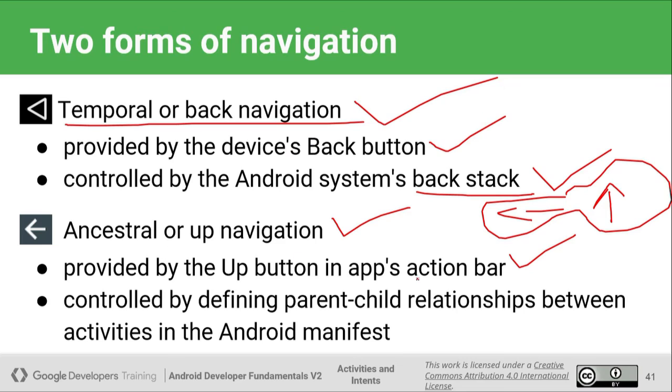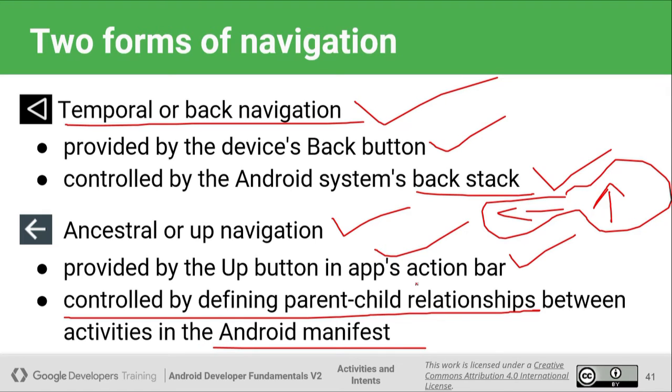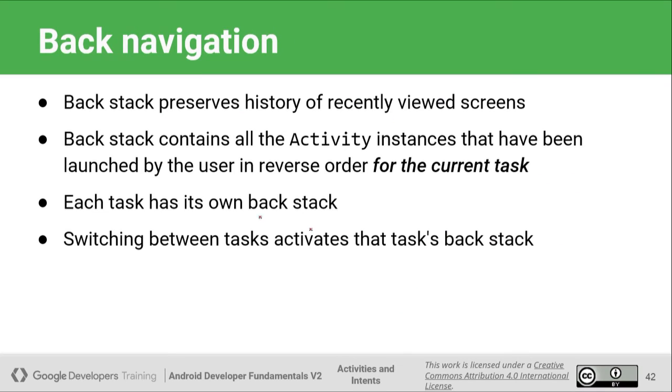So we can control navigation by making a relationship between activities in the form of parent-child relationships in the Android manifest file. This is the most recommended way, as we have better control on navigation. The navigation back stack preserves the history of recently viewed screens by default, and the back stack contains all the activity instances that have been launched by the user in reverse order for the current task, in last in, first out manner.